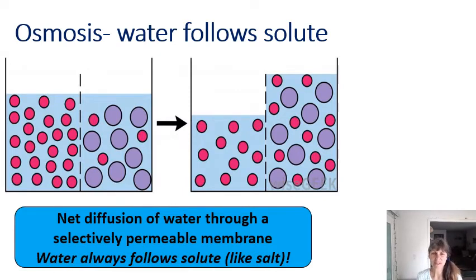Again, osmosis is the net diffusion of water through a selectively permeable membrane from an area of high concentration of water to an area of low concentration of water. This picture actually, in my opinion, shows it a little bit better.